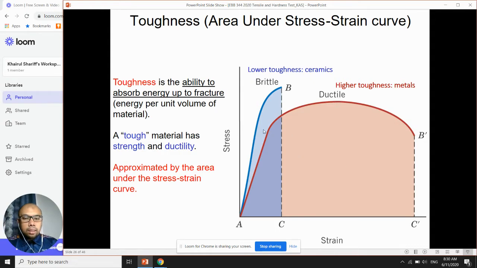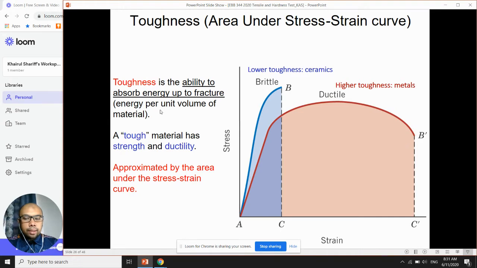As you can see, the area under the curve for B slash, the red zone here, is a higher value of toughness compared with material B. Therefore, we can conclude that material B slash shows higher toughness than material B.